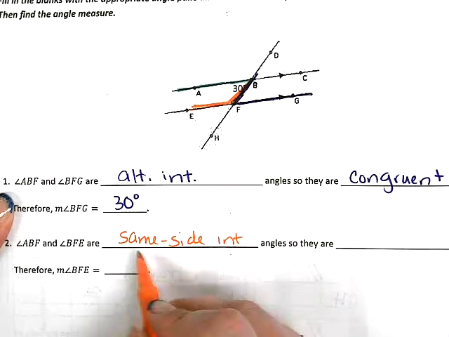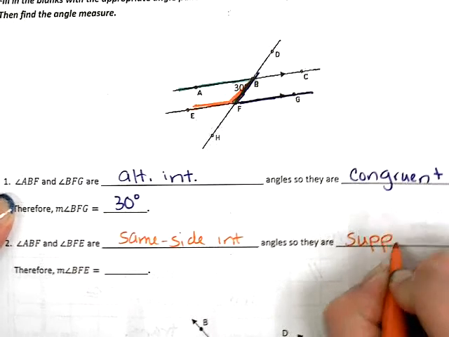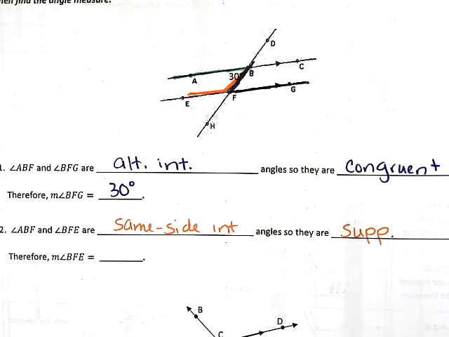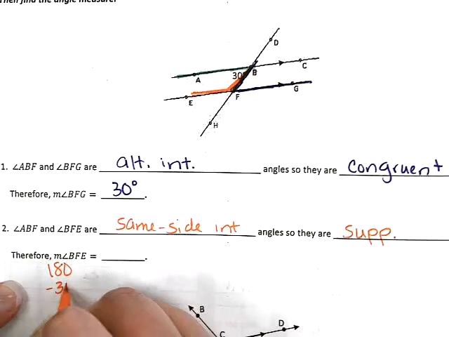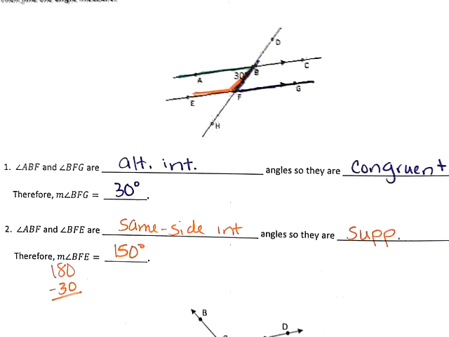Which means, so same side, I've got SS, those must be supplementary. All right, same side interior angles are supp. So since the first one is 30 degrees, 180 minus 30, hopefully you guys agree with me, that's going to be 150 degrees.